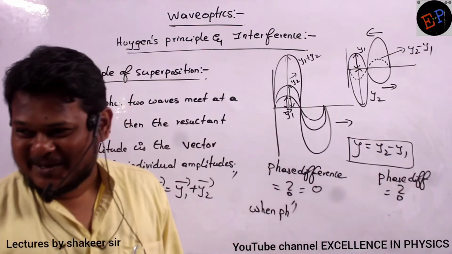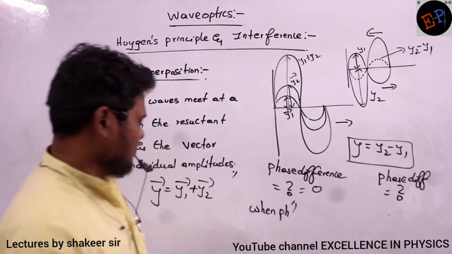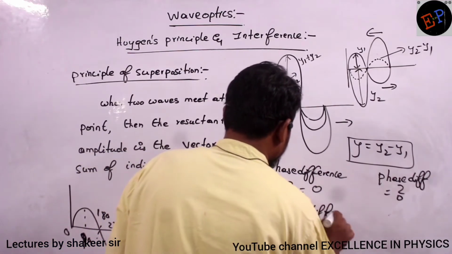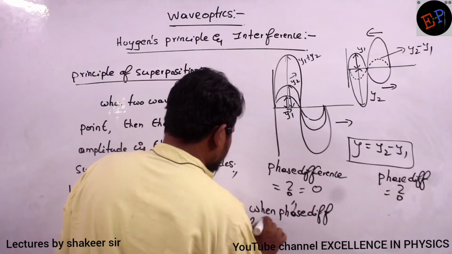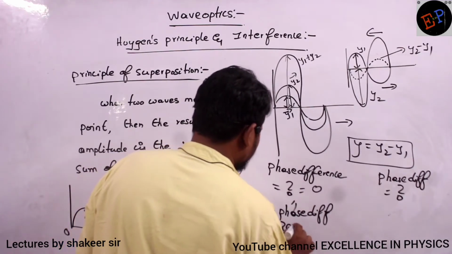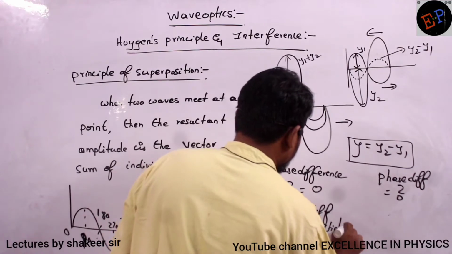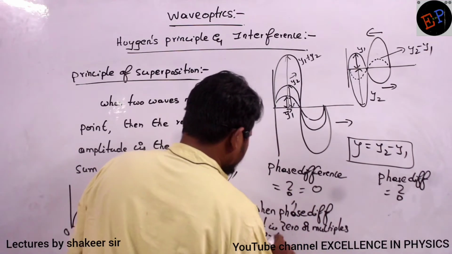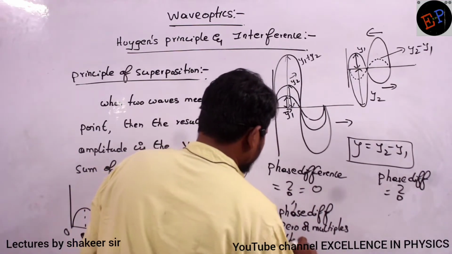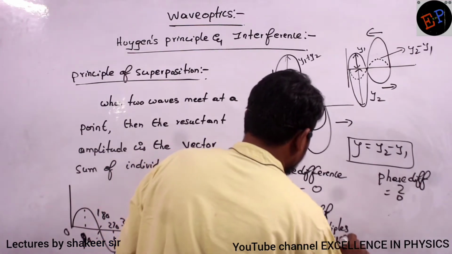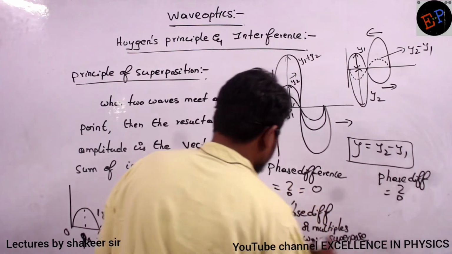So if the phase difference is 0 or multiples of 360, then waves superpose constructively.